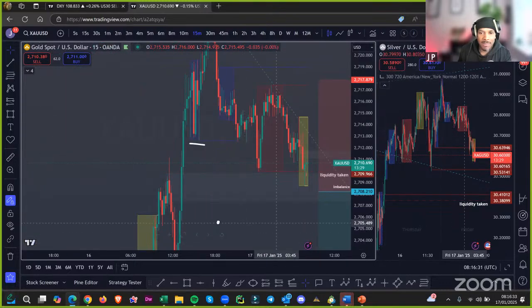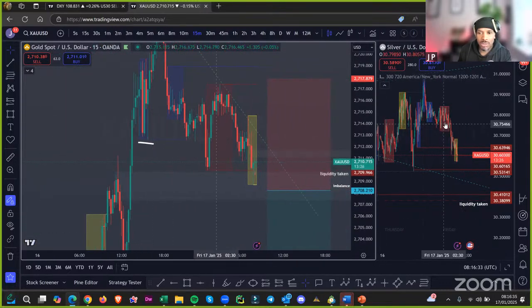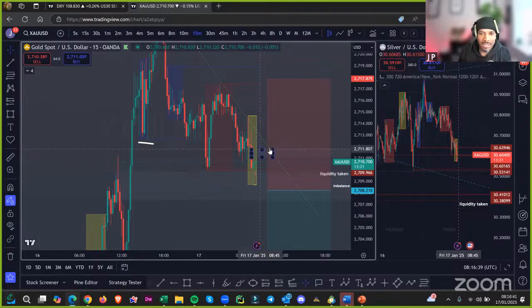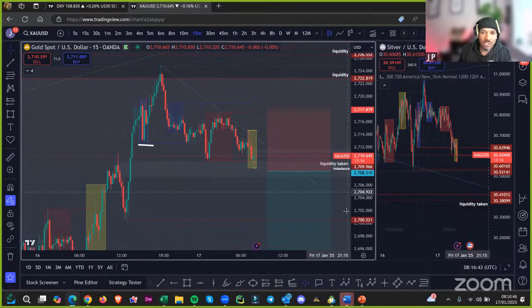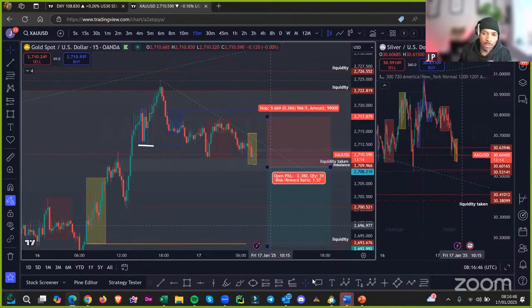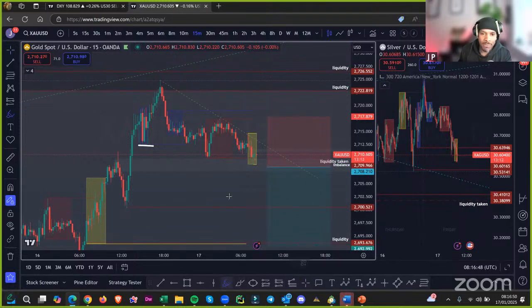And we're wondering whether we're going to tap in here and then continue becoming bearish. But whatever trade we take, we're going to put in our stop above the swing high and allow our trade to play out.